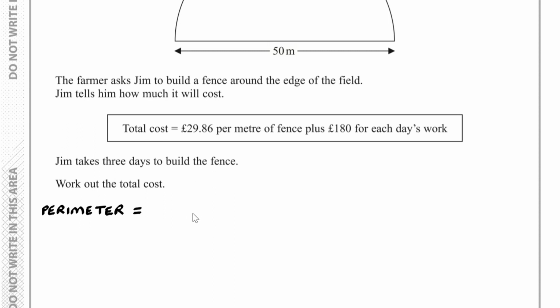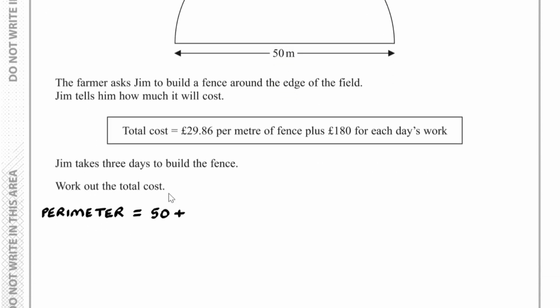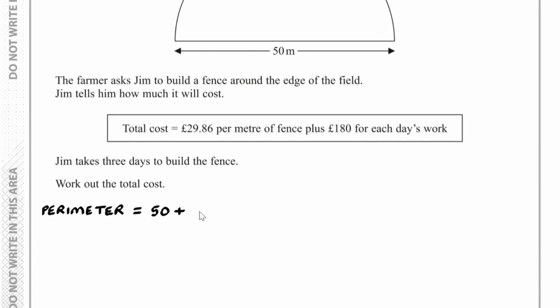So the perimeter will equal, well, I've got this 50 meters, but then what I need to do is add on the curved section over here. Now this is half of a circumference. Now to work out the length of the circumference, we multiply pi by the diameter, which in this case is 50.